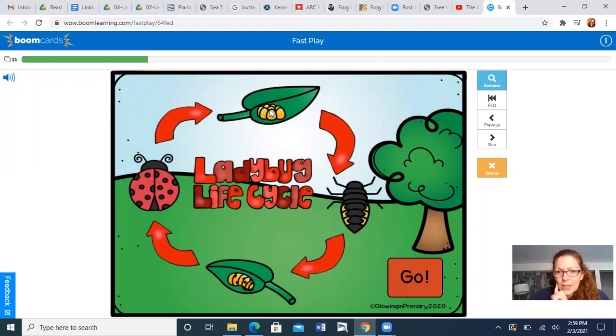So I'm going to go back to our question. How does it change throughout its life? Oh, the life cycle. Does a ladybug baby look like the adult ladybug? Yes or no? How come you know that?